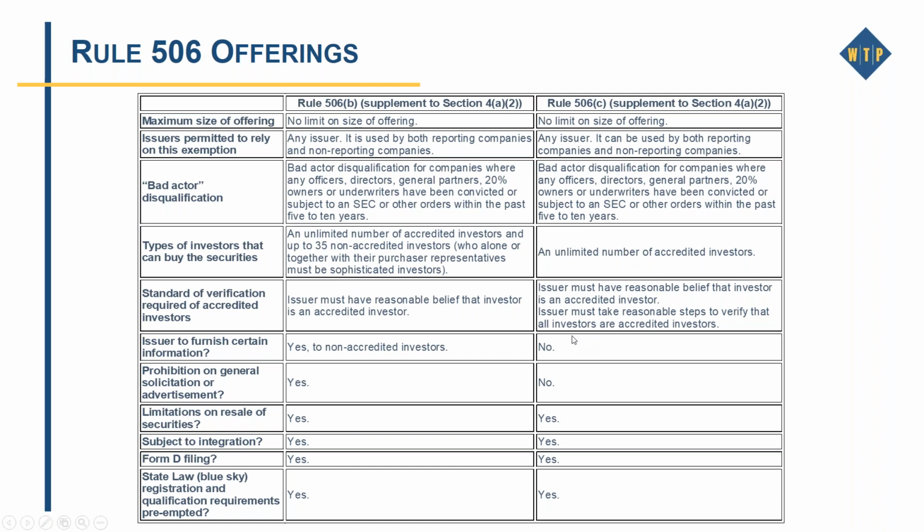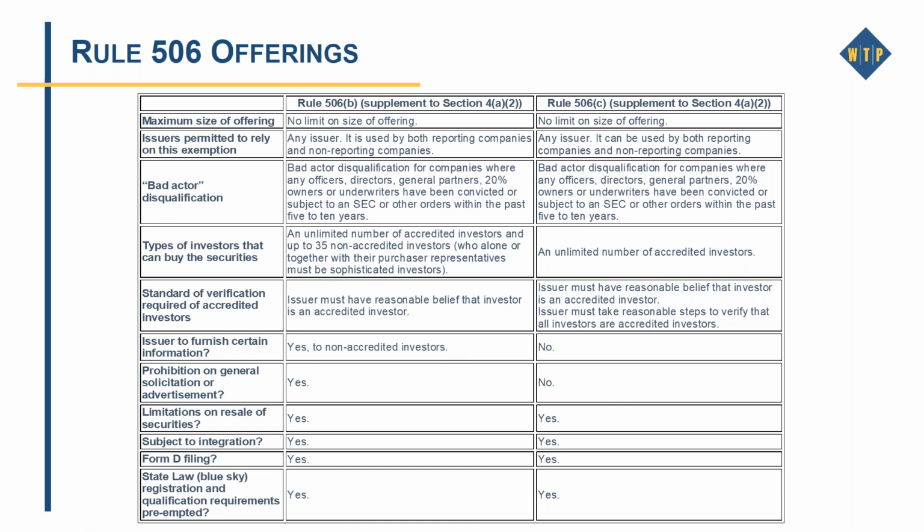506C says that you basically have an affirmative obligation to investigate and make sure that the people participating in a Rule 506C offering are accredited. And you might be sitting back and wondering, well, why is there more of a burden under 506C? There's two potential burdens, right?